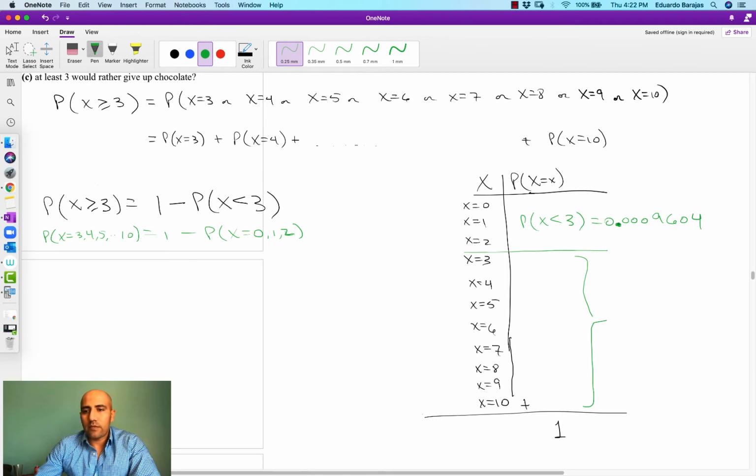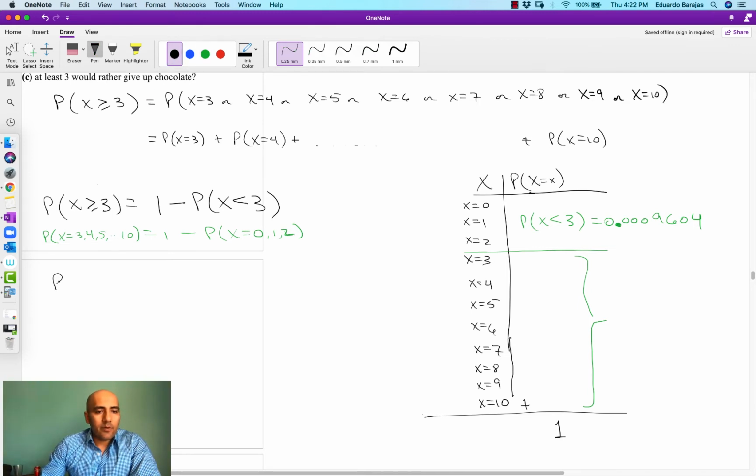Right? That's what this answer was. The sum of these three values, x equals 0, x equals 1, x equals 2, equals this value. So therefore, the rest, all the way up to 1, has to be the sum of these values. Good? Okay, so back to this guy.